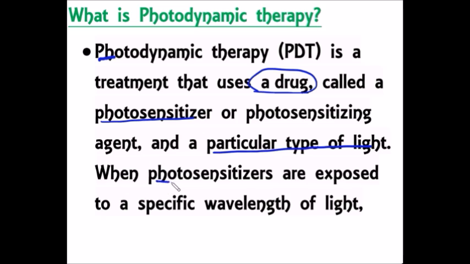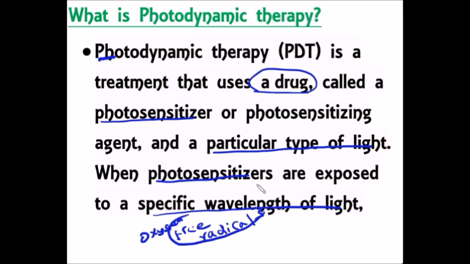When the photosensitizers are exposed to light of a specific wavelength, oxygen free radicals are produced in the cancer cells, and the chemical gets heated because of the particular wavelength, and the cancer cells are destroyed. Normal cells will not absorb the chemical and will not absorb this particular wavelength. So normal cells will not be affected in this process of photodynamic therapy.